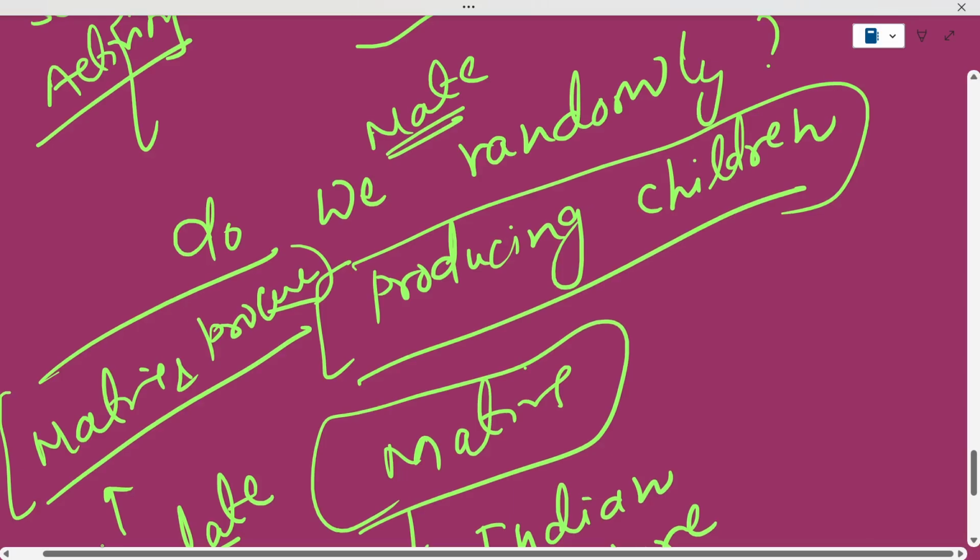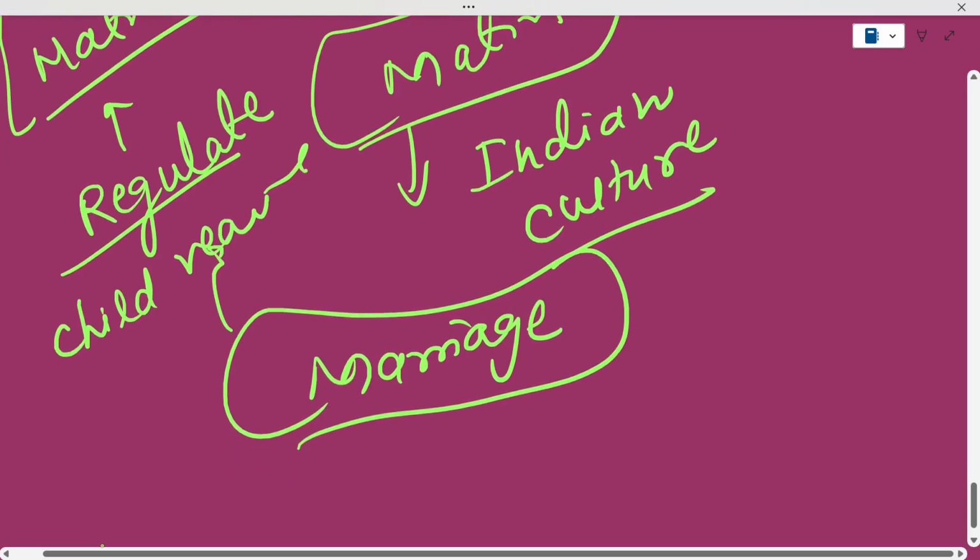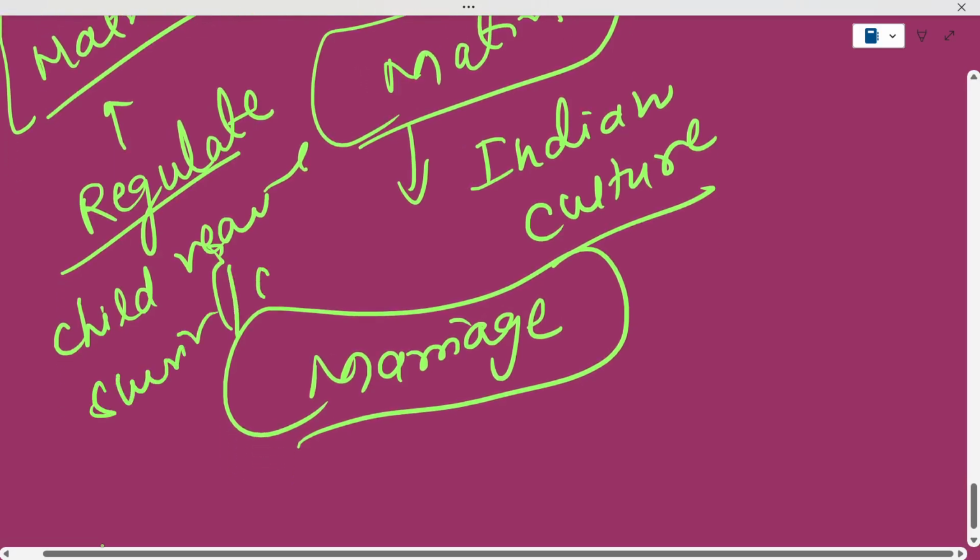It is much more than that. It also inculcates the child rearing practices, the survival of offspring, the care of offspring.